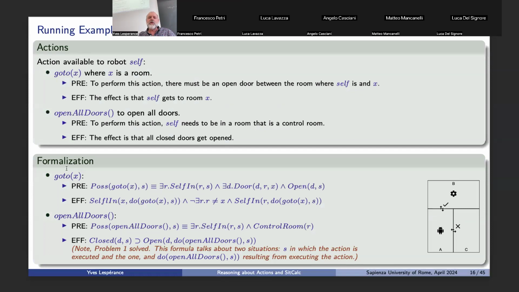The effect. So go to X. The effect is that, after, this says that the agent is in room X in a situation that is the result of going to X in S, if and only if... there's something missing here.